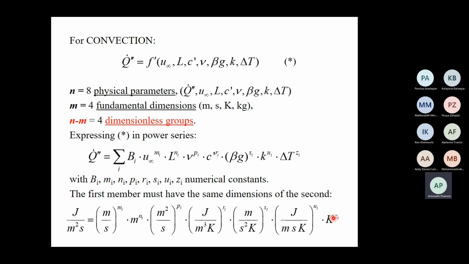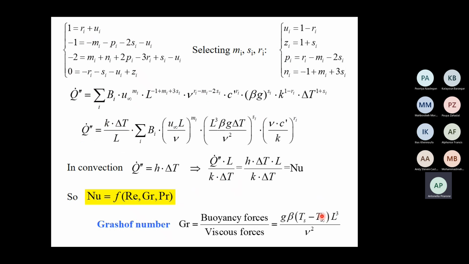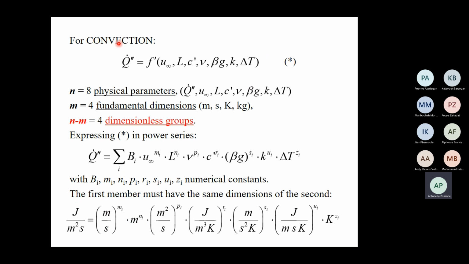Now I have 4 fundamental dimensions: meter, second, Kelvin, and kilogram. And I can write 4 equations to have the first member with the same dimension as the second. For example, 1 must be equal to r_i plus u_i, because I want to obtain joule.